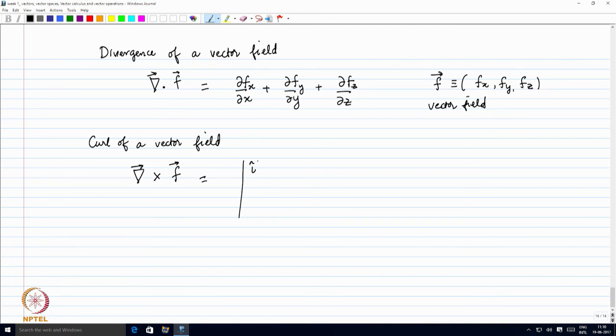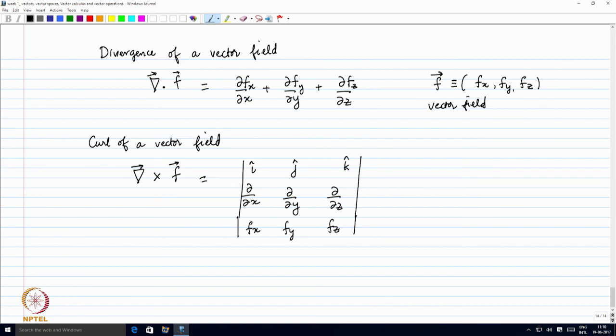I can write it as a determinant with rows i j k, then d by dx, d by dy, d by dz, and then f x, f y, f z, which are the components of f. Since it is a cross product, it is specific to 3 dimensions. So, you can write the curl of the vector field in this form.